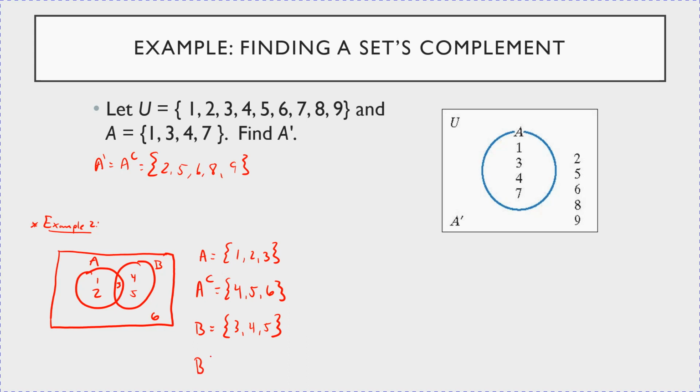So what is B complement? What's left over is 1, 2, and 6. 3, 4, and 5 were in B, and 1, 2, and 6 is left over, so that's its complement. Think about the opposite, if that helps. The complement is everything else, the opposite.